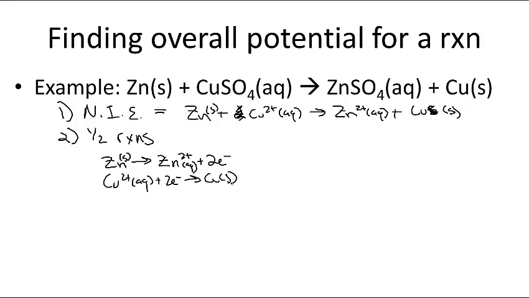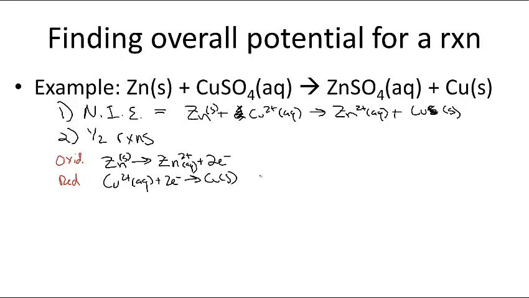So, now, you have to think to yourself, this is my reduction, and this is my oxidation. Now, this looks an awful lot like the flipped version of the one on your table, right?